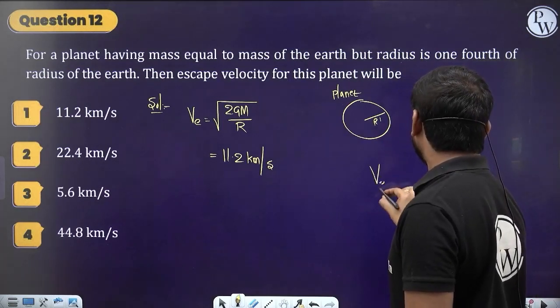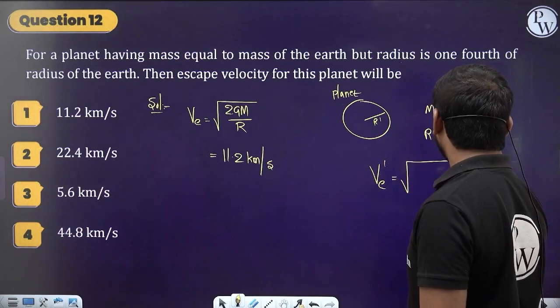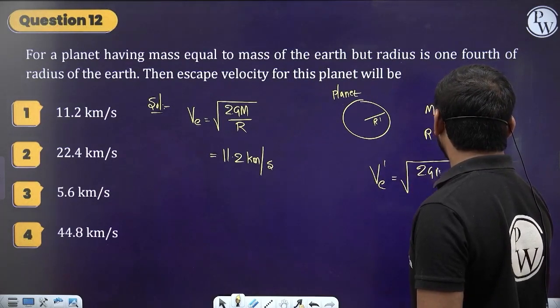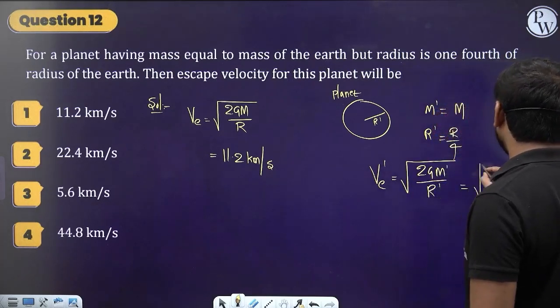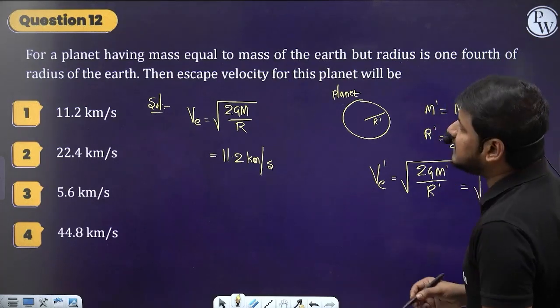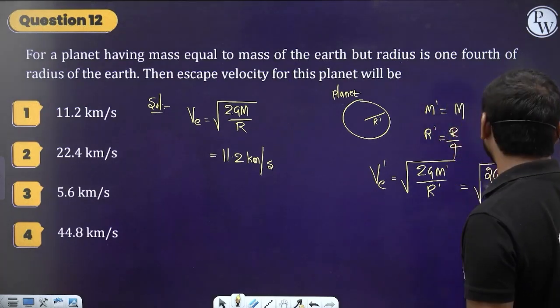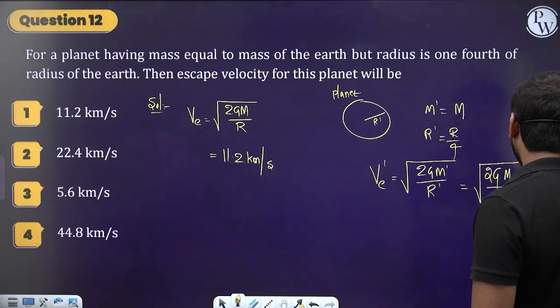The new escape velocity V_E dash is equal to root over 2GM dash by R dash. That's it. So root over 2G, the value is constant, and then M dash. What is M dash? The mass is the same, so M, and for the radius R dash, I am writing R by 4.